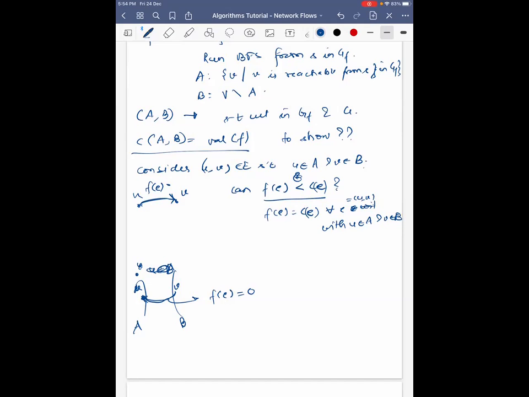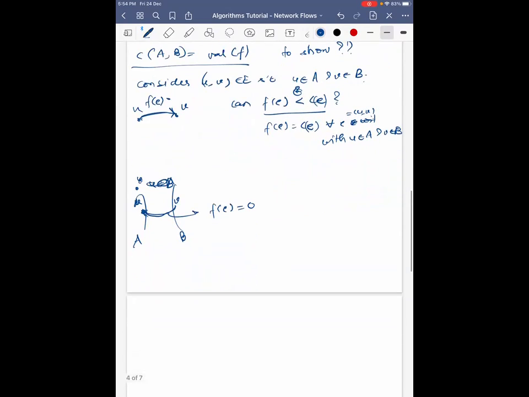So that means when your Ford-Fulkerson algorithm terminates, all the edges going from A to B in G would be completely saturated, and the ones going from B into A would carry 0 flow.